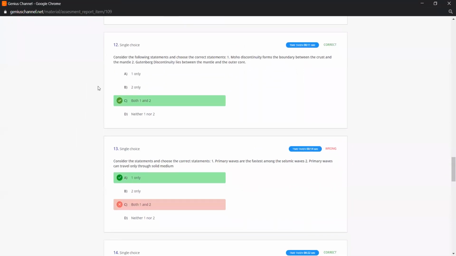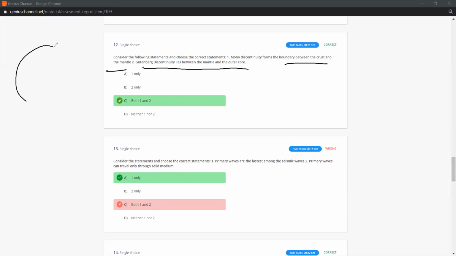Consider the following statements on this one. Moho discontinuity is between the crust and the mantle. Again, Gutenberg discontinuity is between the mantle and the outer core. Both statements describe a boundary between two layers.